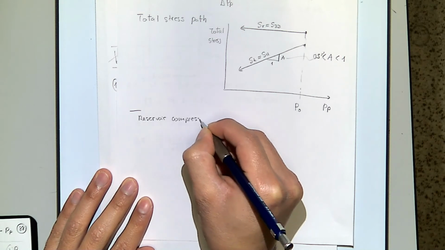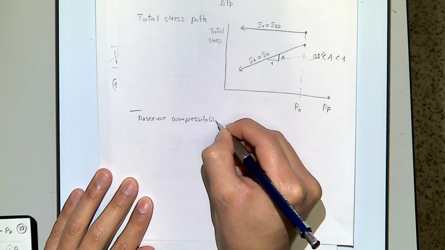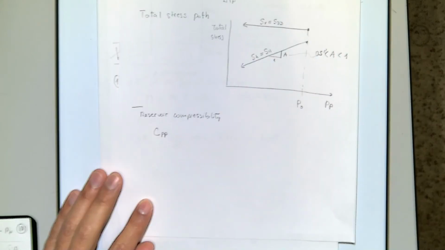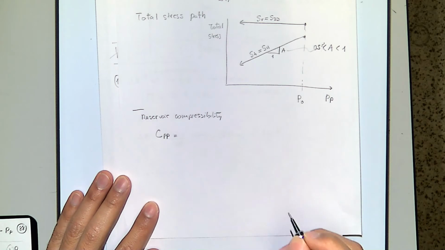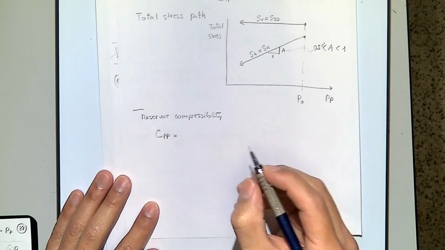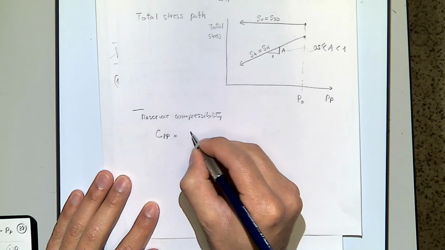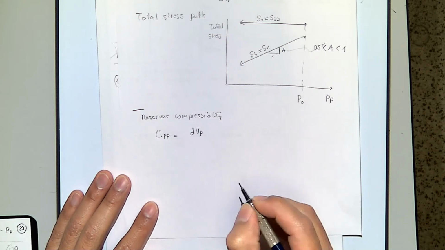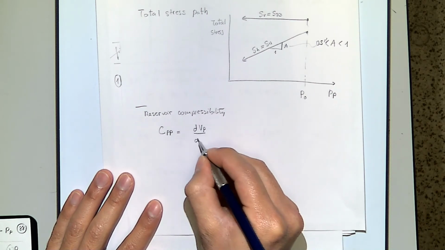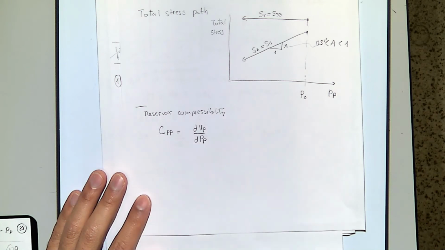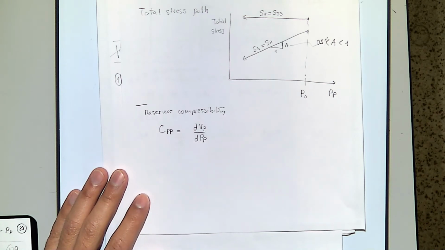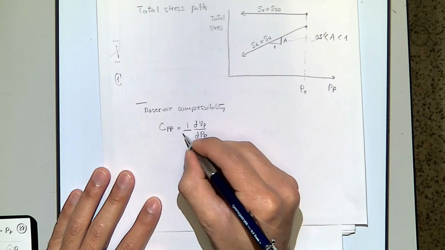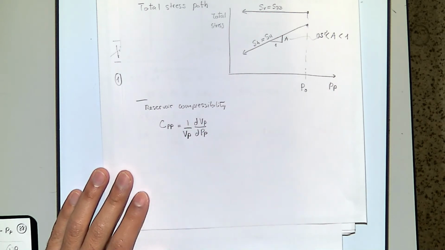Reservoir compressibility is called C_pp, and is defined as the change in pore volume due to a change in pore pressure, and that's exactly what we're doing in this case with depletion, divided by the pore volume.